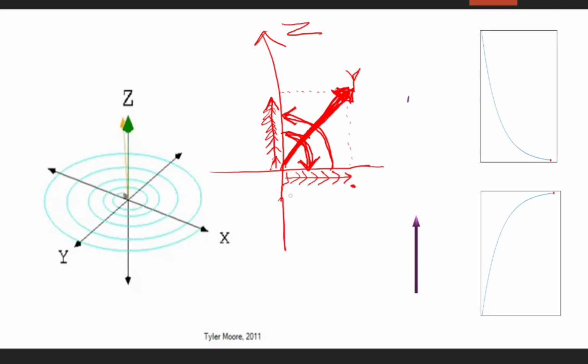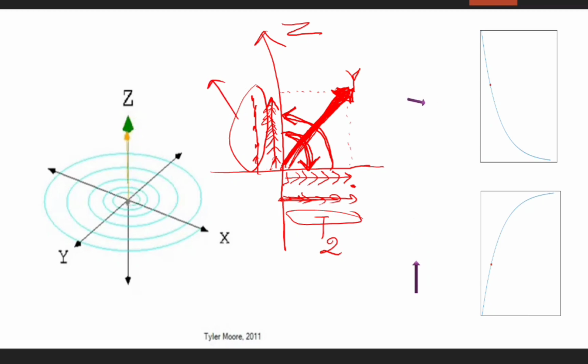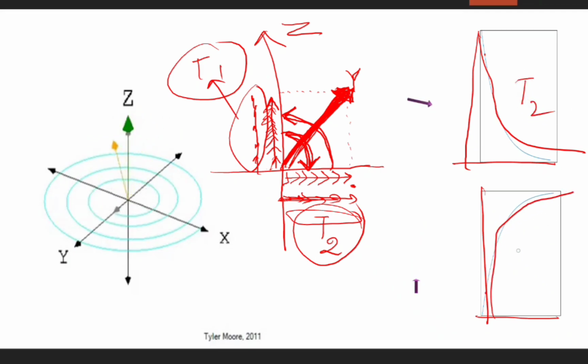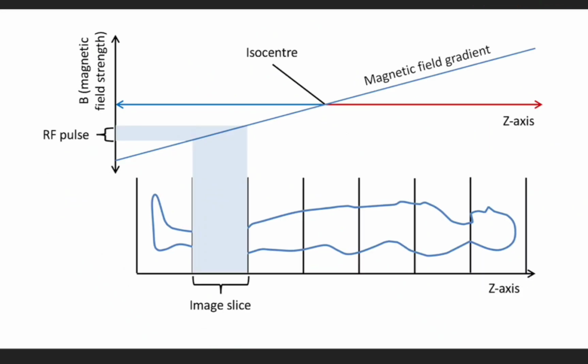For simplicity, we understand that this vector reduces, and the time taken is called T2, and this vector's vertical component is increasing. So the time taken here is called T1, longitudinal relaxation time, and this is transverse relaxation time. This is a very popular graph you can see here: T2 and T1, transverse relaxation time and longitudinal relaxation time.